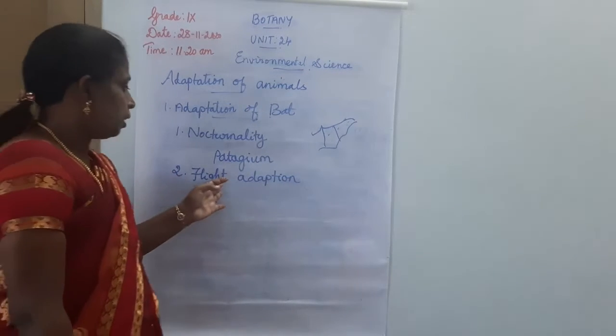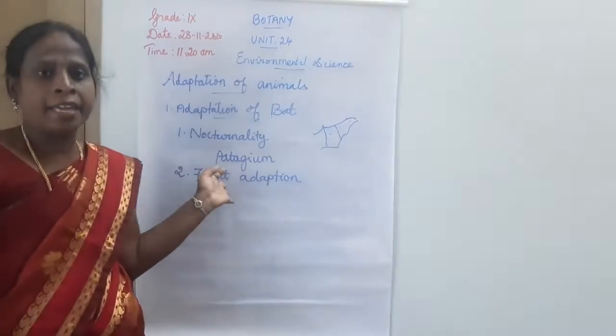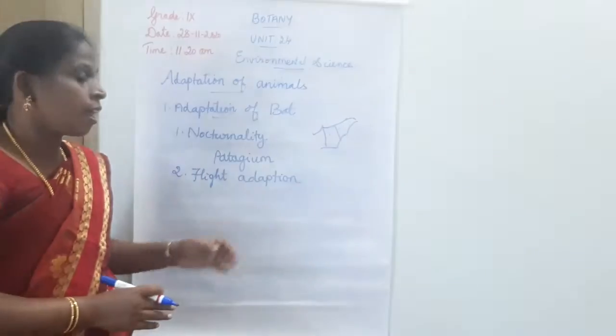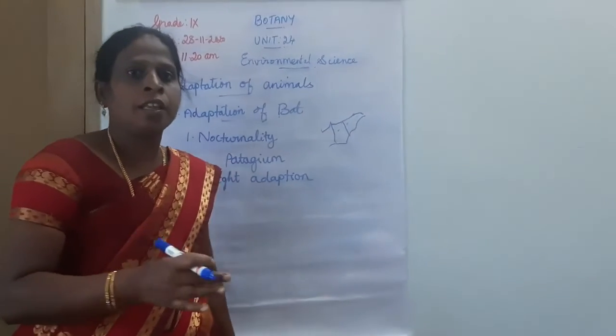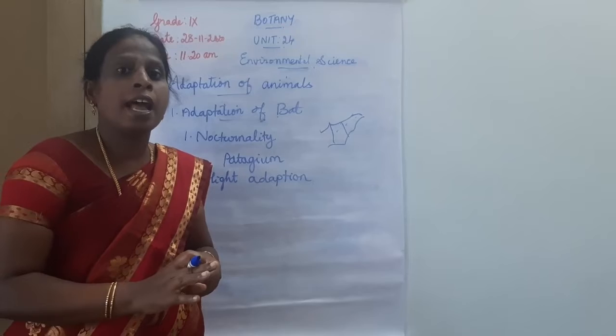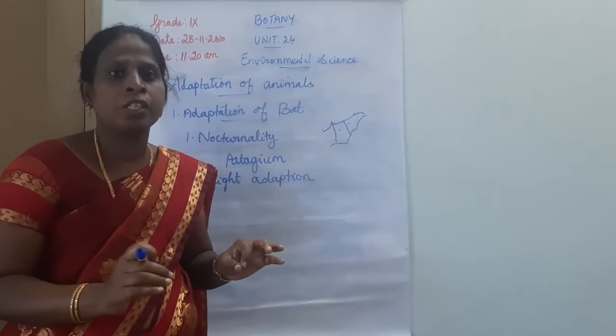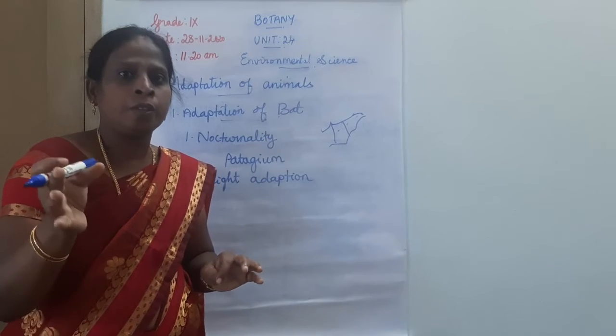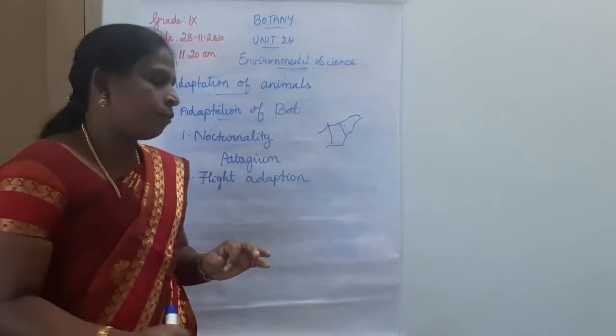What is flight adaptation? Here the four limbs act as wings in bats, and the tail is used for movement during the flight.